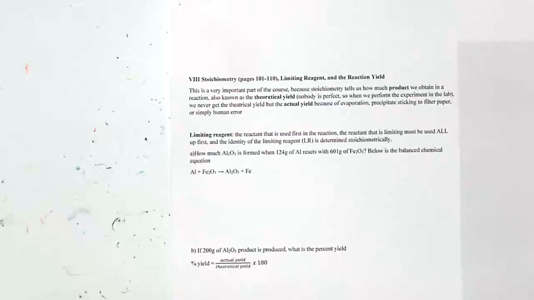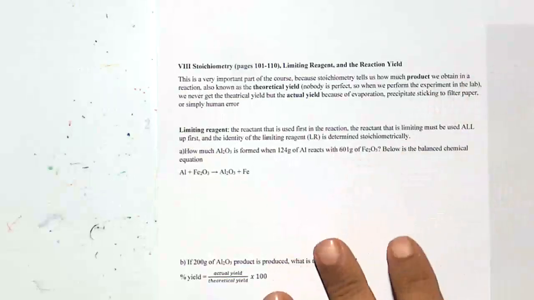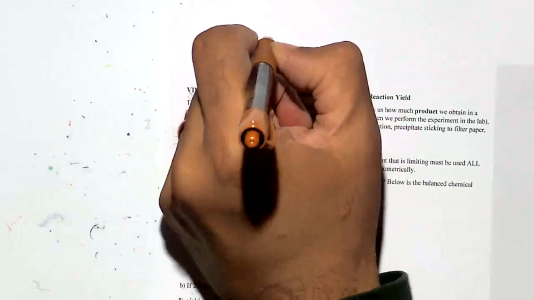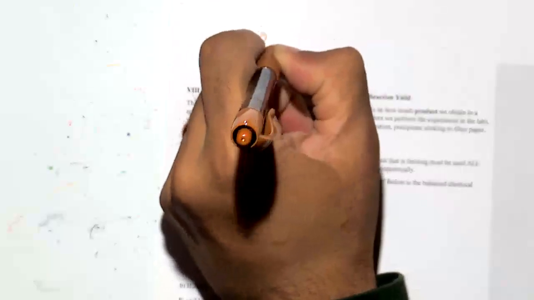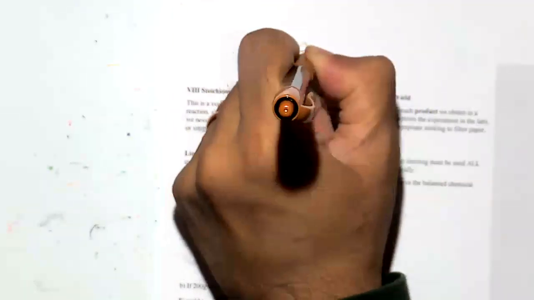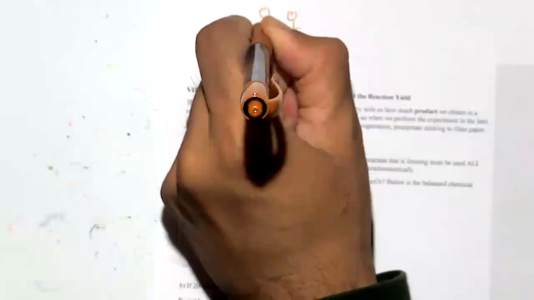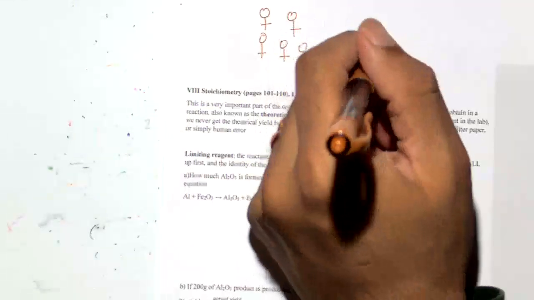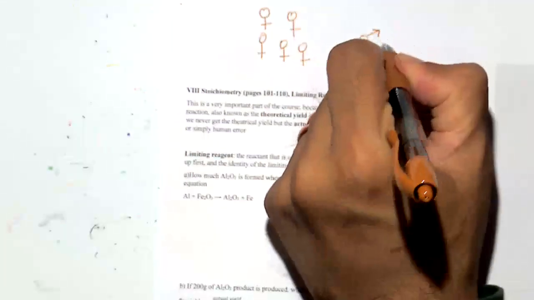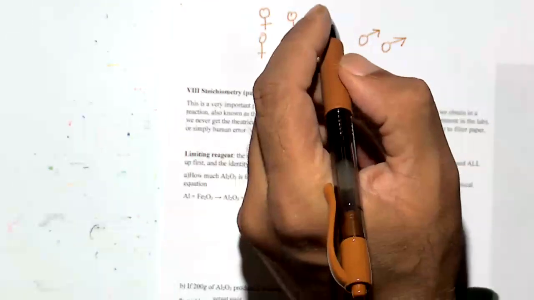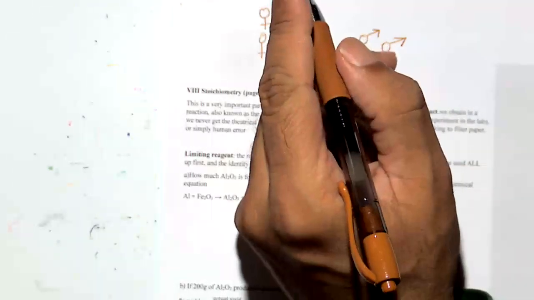We need to balance equations in order to do something called limiting reactants, or limiting reagents. Do you remember the example in the notes? Let's say you have 5 females and 2 males, and they partner 1-to-1.